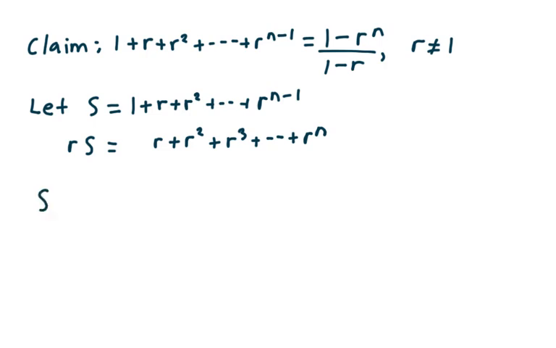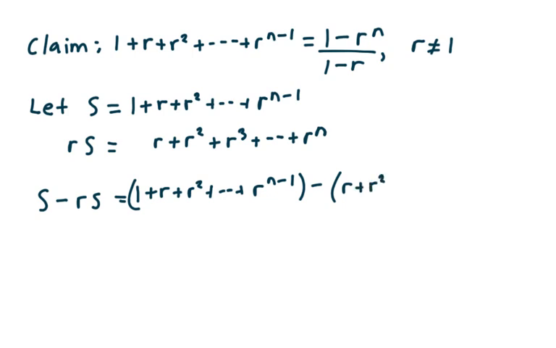So if I subtract the two equations, I get the following. S minus rS is equal to 1 plus r squared all the way through until r to the n minus 1, minus r plus r squared plus r cubed all the way through until r to the n.